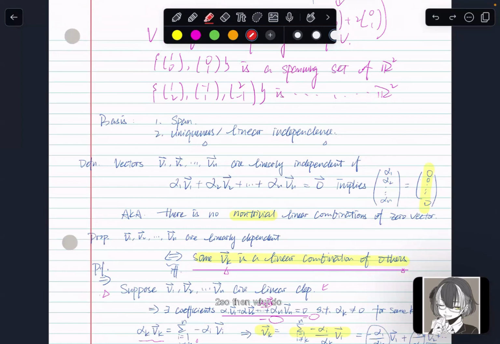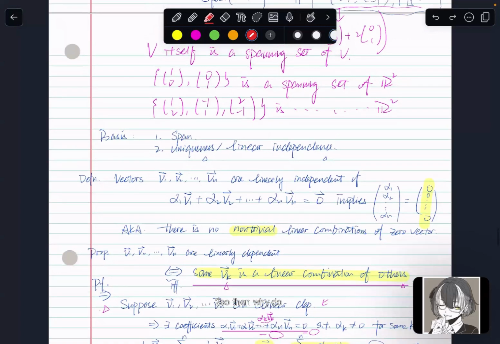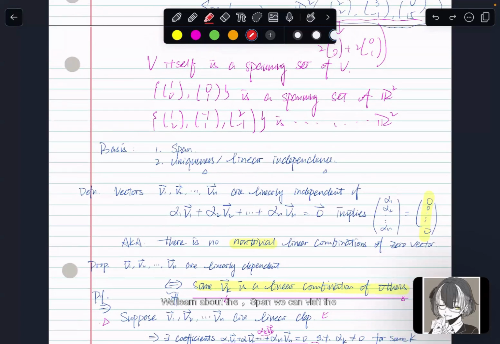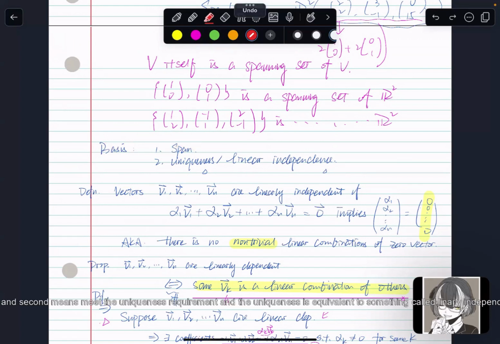All right, so then, why do we learn about the span? We say the basis has to first span and second meet the uniqueness requirement. And the uniqueness is equivalent to something called linearly independent.